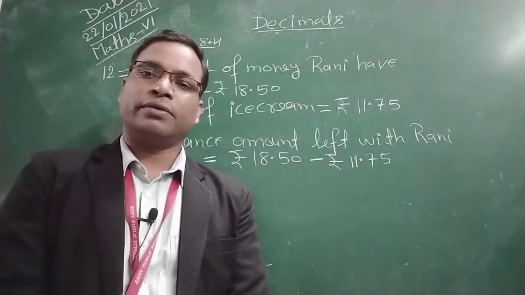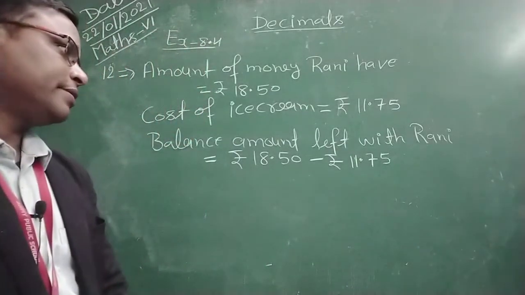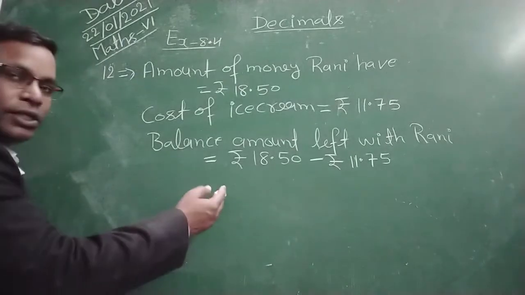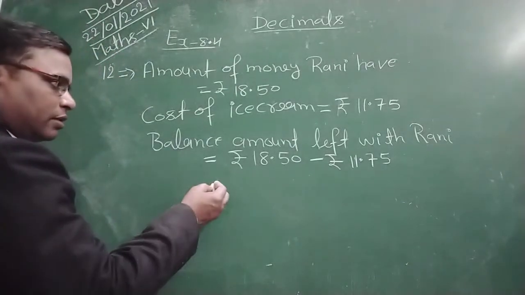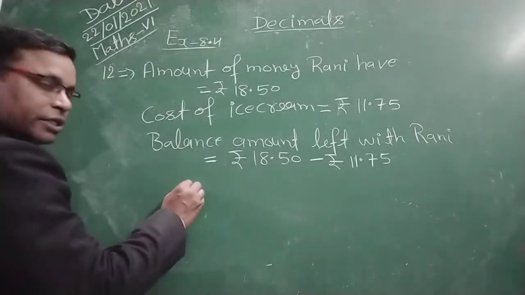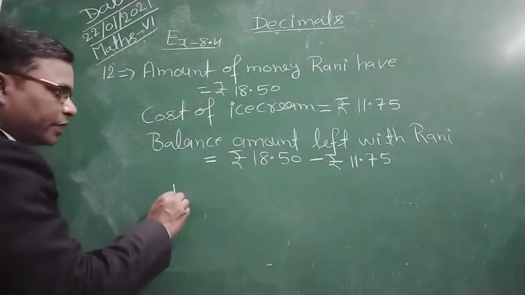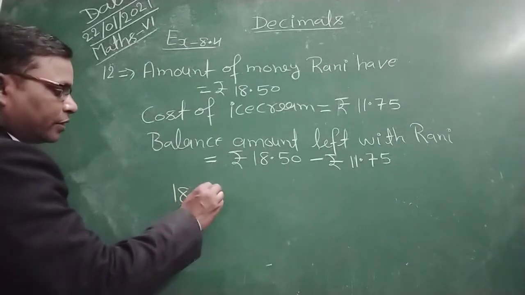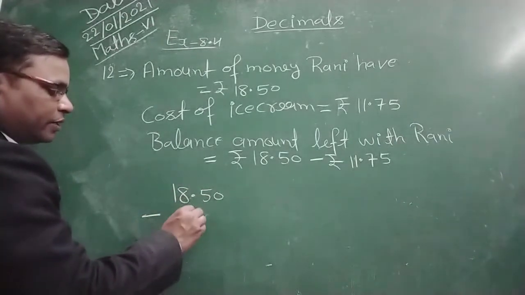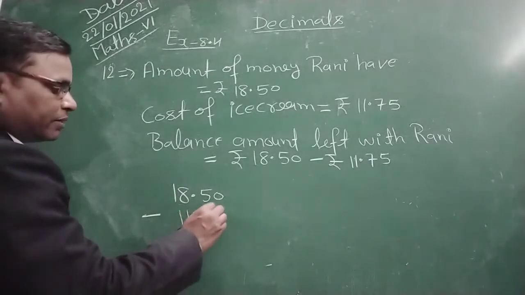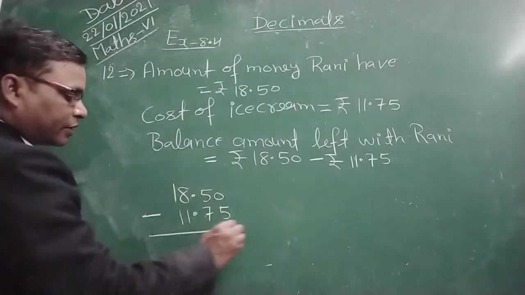This is the cost of one ice cream. This is clear. Now if you face any difficulties to subtract it, you can use the vertical method. So according to this method, 18.50 minus 11.75. Clear?